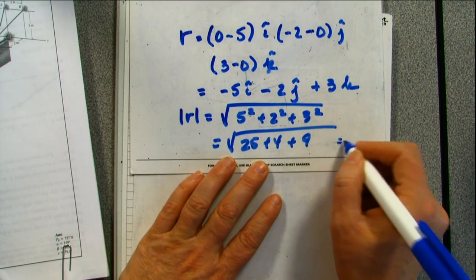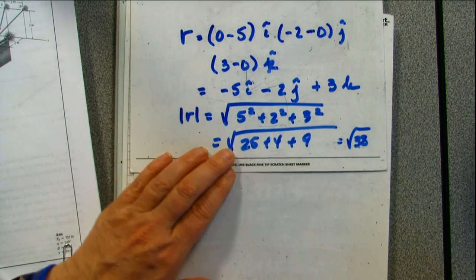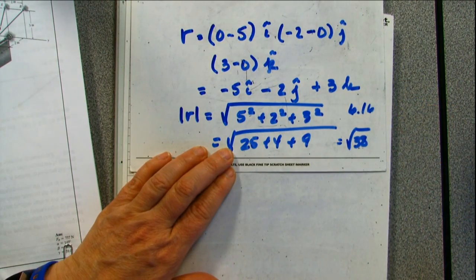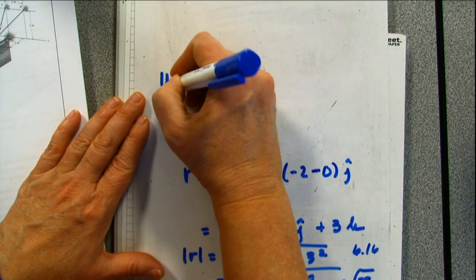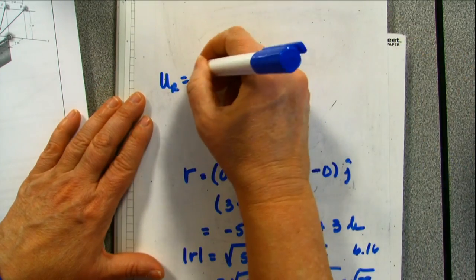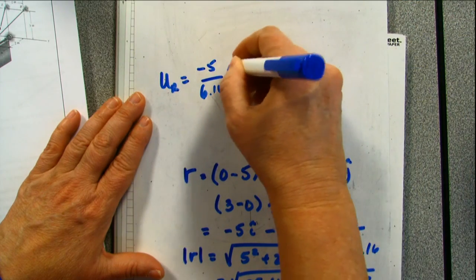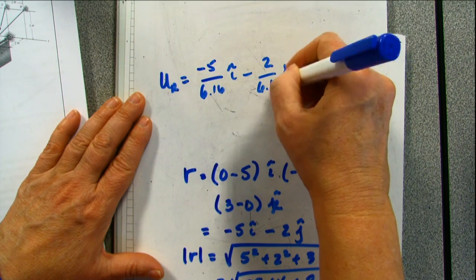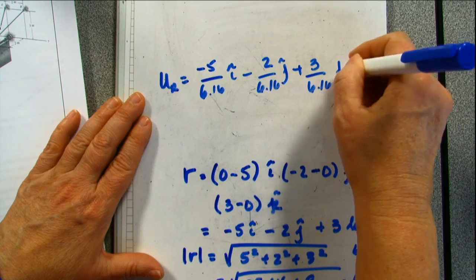It's 38, square root of 38, and the square root of that is 6.16. So the unit vector along R is going to be -5 divided by 6.16, -2 divided by 6.16, plus 3 divided by 6.16.